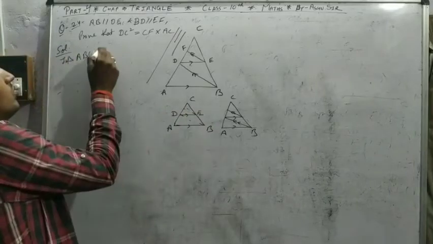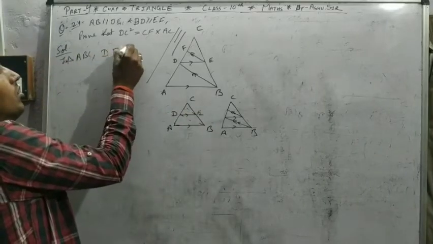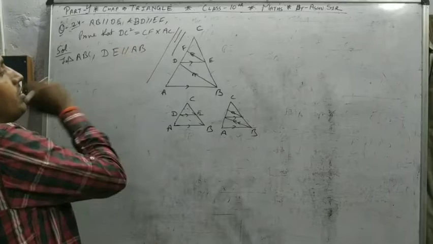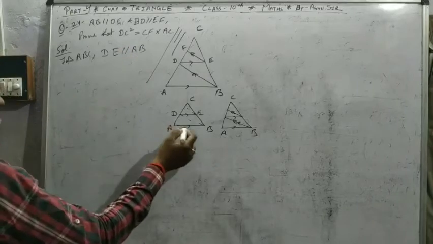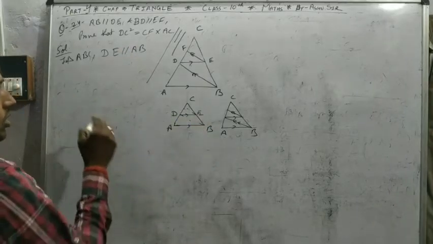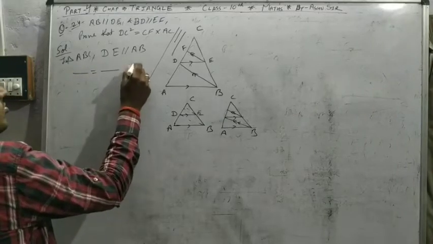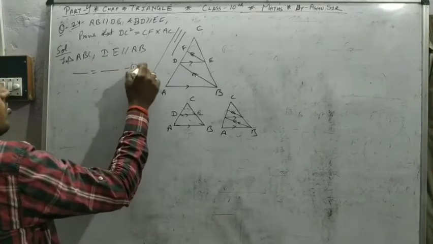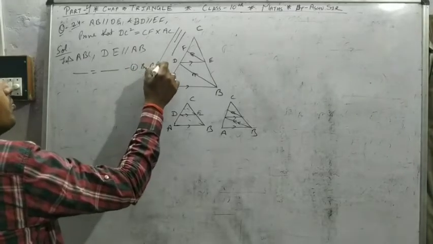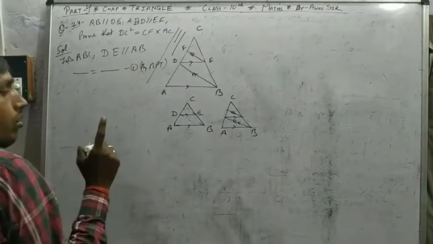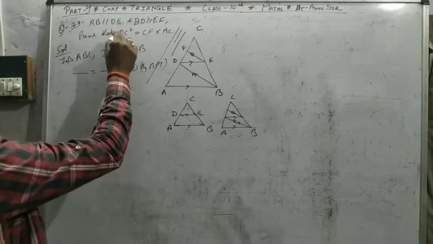DE parallel to AB. If in this triangle DE is parallel to AB, so by BPT we write according to proving.